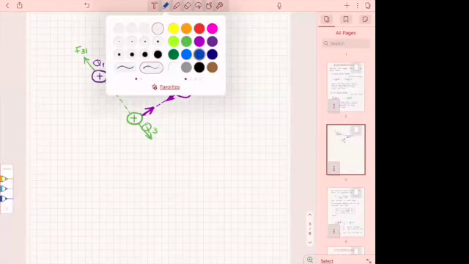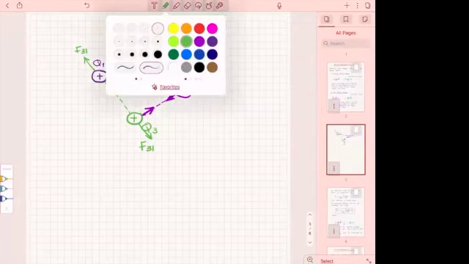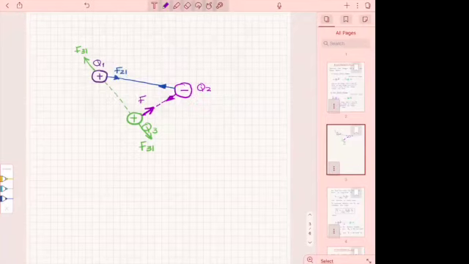Q3 has F on 3 from 1 and F on 3 from 2. And then here it has F from 2 on 3, and then F2 from 3 on 2, and here F on 2 from 1. All right.